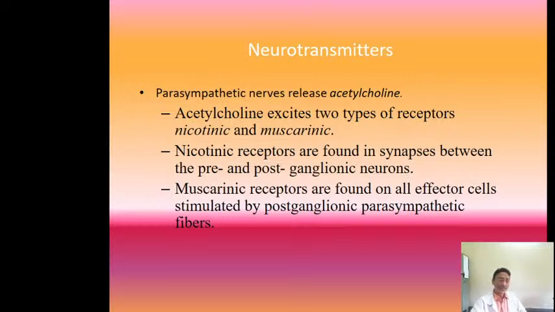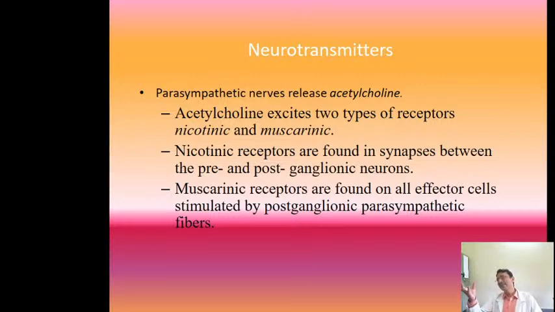So in other words, the receptors present at the synapse of the preganglionic and the postganglionic sympathetic neurons, and the receptors found at the preganglionic and the postganglionic parasympathetic neurons, are all nicotinic receptors. Where are the muscarinic receptors found? Muscarinic receptors are found on the effector cells, on all postganglionic parasympathetic fibers.